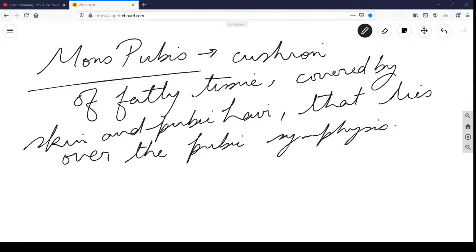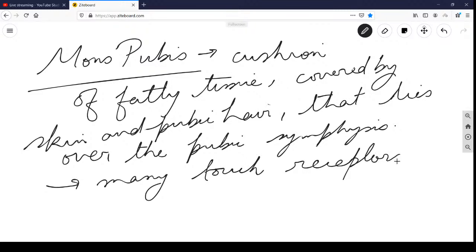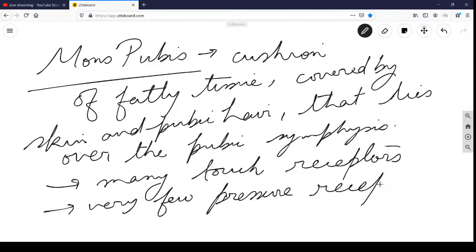Now the skin of this area has many touch receptors and only a few pressure receptors. Very, very important. It has many touch receptors but very few pressure receptors.